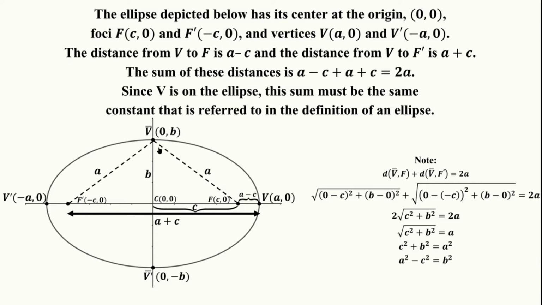Now, if you notice when I place the point of interest at the top co-vertex, then I know that this length here is going to be b, right?